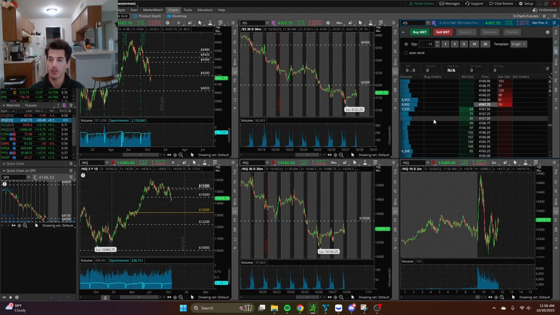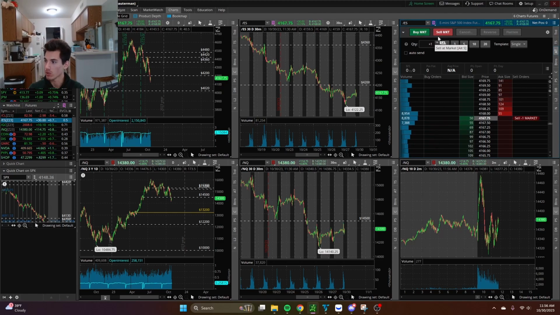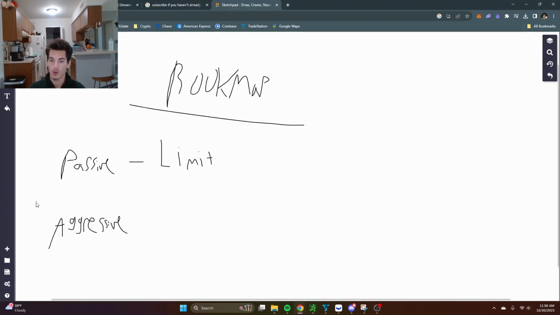A passive order adds liquidity to the market because you're adding contracts on the depth of market. When you use, let's say, buy market 100 contracts, you'll take a tick or two of liquidity off of the depth of market. So you have passive orders, which are limit, and aggressive, which are mostly market orders.